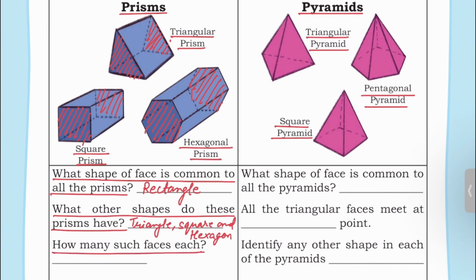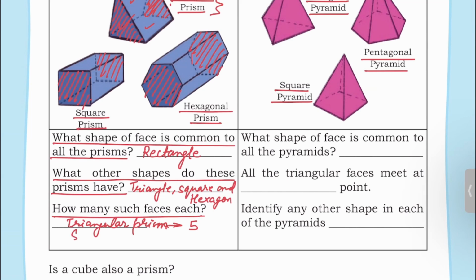How many such faces each? If you count the number of faces in these prisms, you will get for triangular prism 1, 2, 3, 4 and 1 at the bottom, 5 faces.